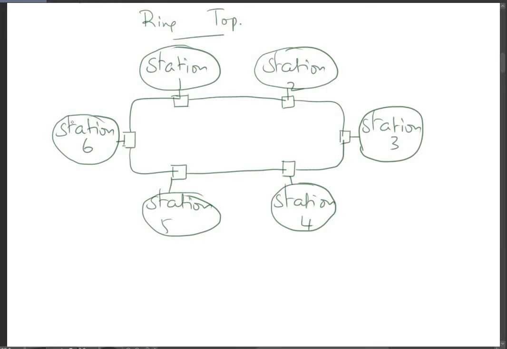We have some repeaters here. A repeater is a device which amplifies or regenerates the incoming signal. This is done to expand the coverage area, because we have seen in the bus topology that whenever the signal is passing through longer distances, the signal gets attenuated.